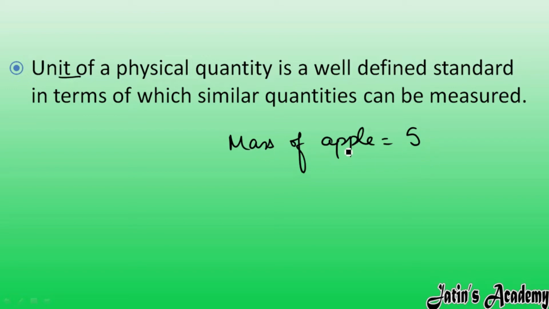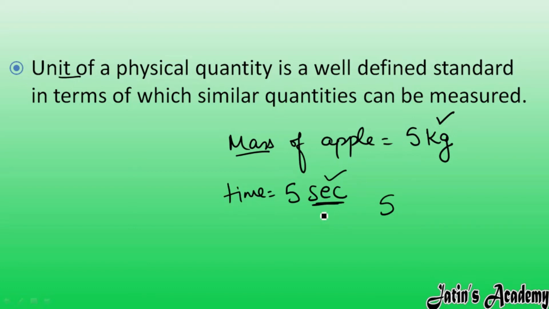If I say the mass of an apple is 5 kilogram, then kilogram indicates that we are measuring the mass of something. If I just say 5, it is nothing but a numerical value. If I say 5 second, then 5 second is nothing but a time period. By watching this second, I come to know that yes, I'm measuring time.